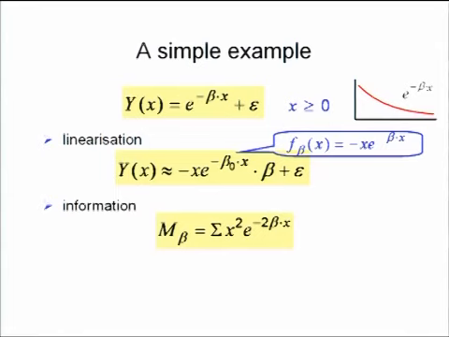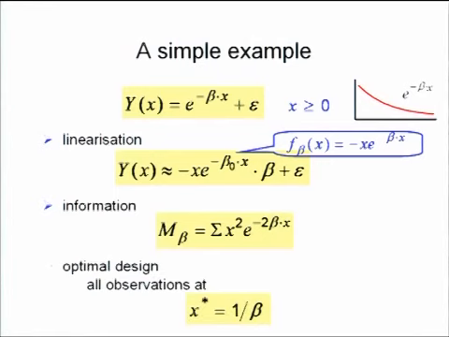And this is optimized where this function attains its maximum. So you find out the optimal design will be that all observations are to be taken at 1 over the parameter to be estimated. Okay, and if you have a good prior, then this is fine. But anyway, it is sensitive, and it depends on the unknown parameter.